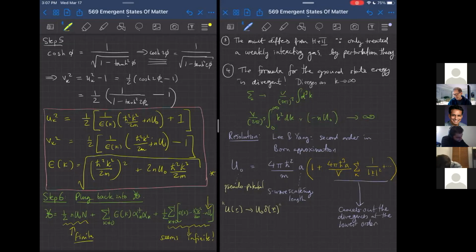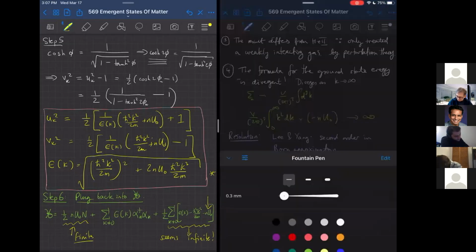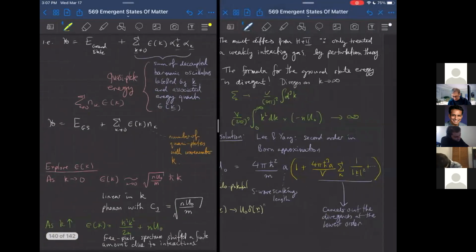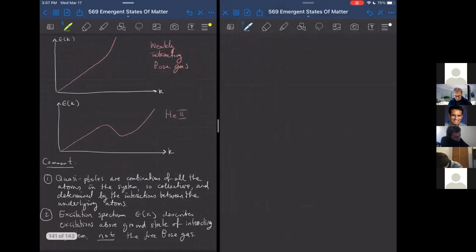So you just have to do some work in order to see that, and the end result is that you get a finite expression for the energy of the ground state. And I think I'll write that over here.